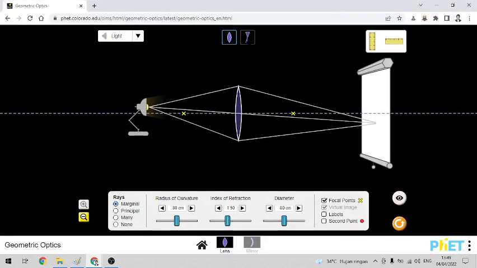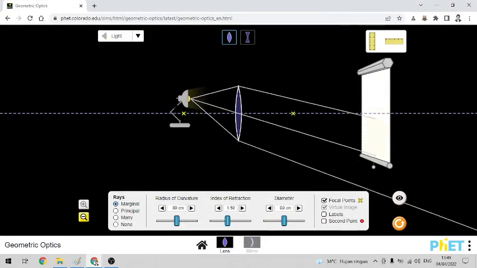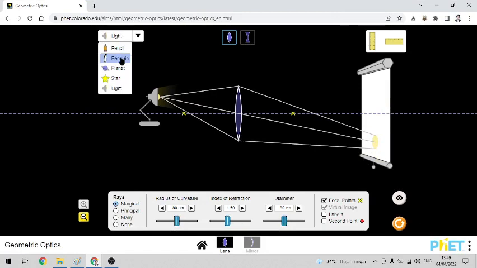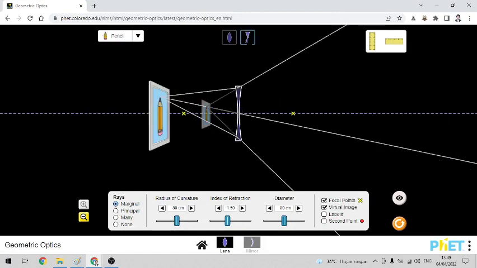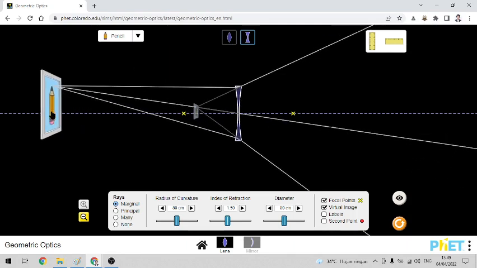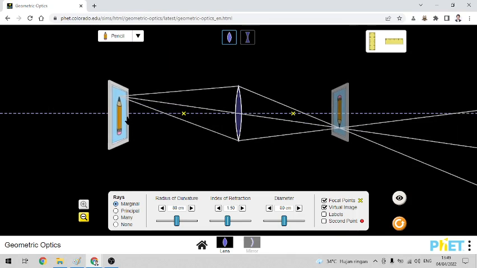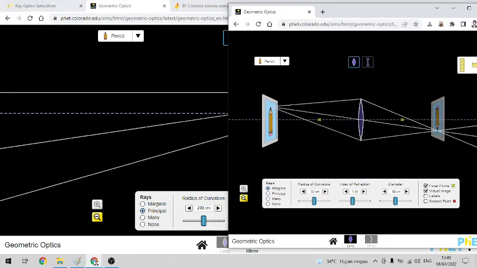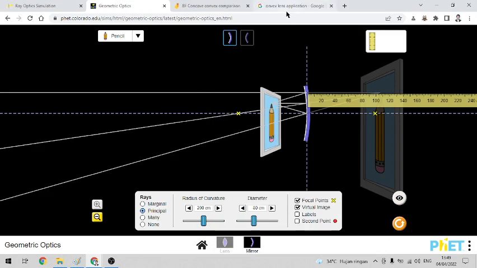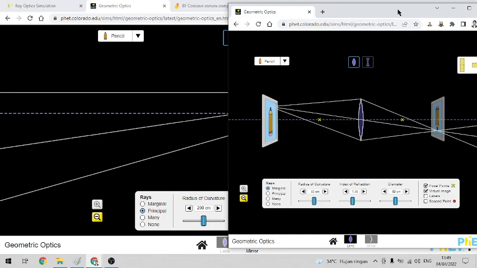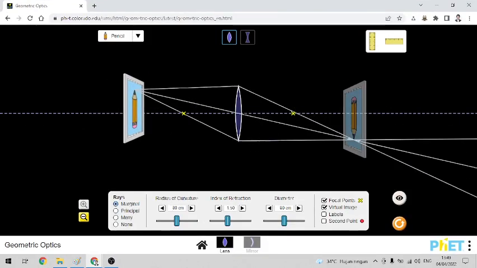Let's use the concave lens or convex lens. Concave. Let's use concave. Oh, convex. Convex is similar because convex lens is similar with concave mirror. So let's try for convex lens.